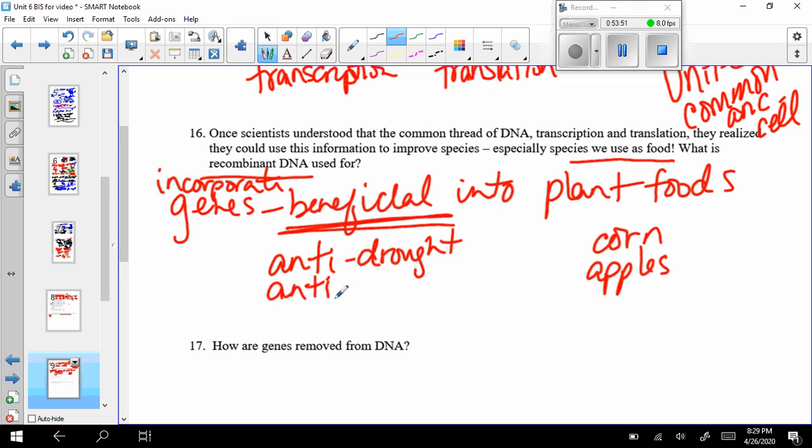And antimicrobial, like I don't want bacteria to get inside of it and destroy it. And I want it to have more vitamins or more minerals or more something that is going to be healthier and beneficial for you.